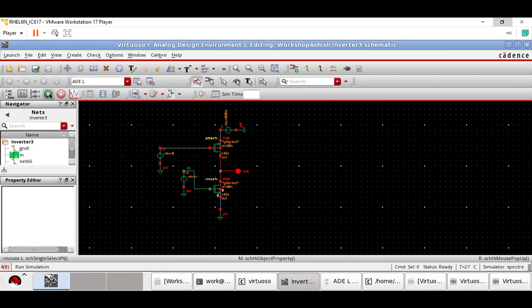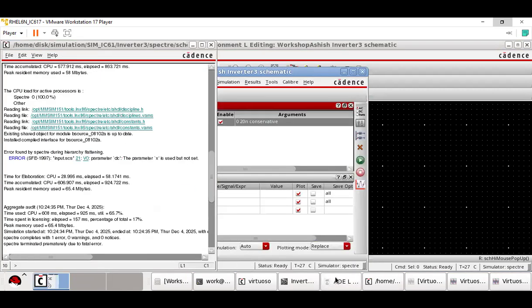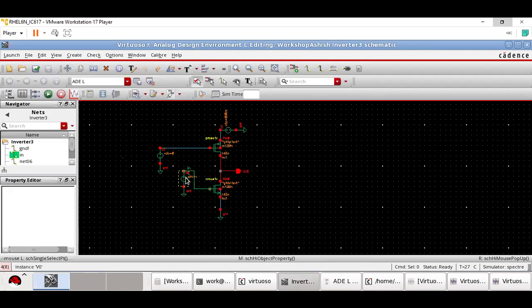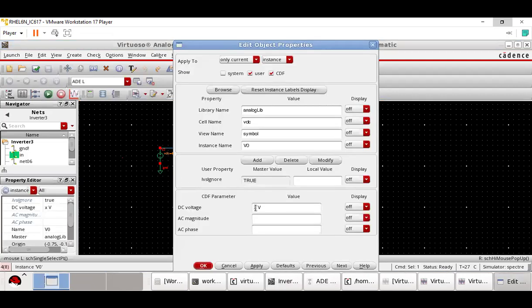Now see what happens. What is the power consumption? Spectre ended because I mistakenly wrote X here. It should be 0.8.